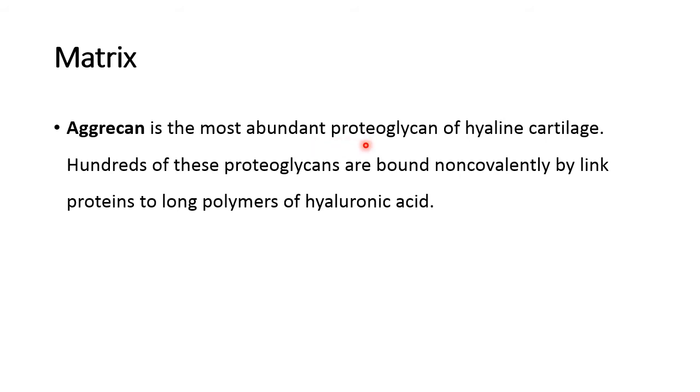Hundreds of these aggrecan proteoglycans are bound non-covalently by link proteins to long polymers of hyaluronic acid. So, in short, hundreds of these aggrecans are linked to long polymers of hyaluronic acid. Aggrecan bound to hyaluronic acid.